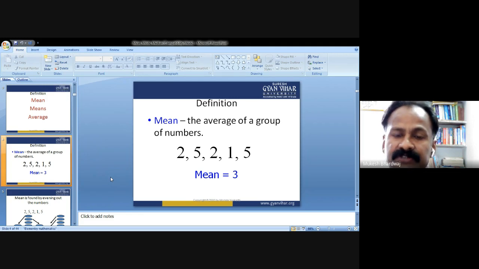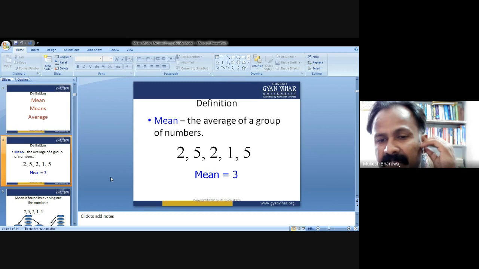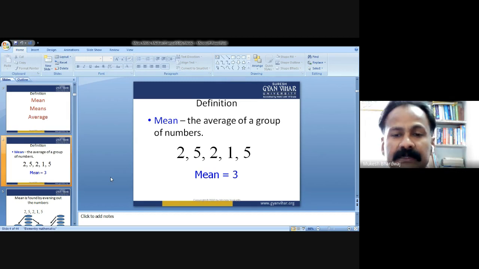If we add these numbers, 2 plus 5 is 7, 7 plus 2 is 9, 9 plus 1 is 10, 10 plus 5 is 15. That means the sum of these numbers is 15, and we need to divide by the total numbers, that is 5. 15 divided by 5 comes out to be 3. So the average of these numbers comes out to be 3, or you can say the mean or arithmetic mean of these numbers is 3.